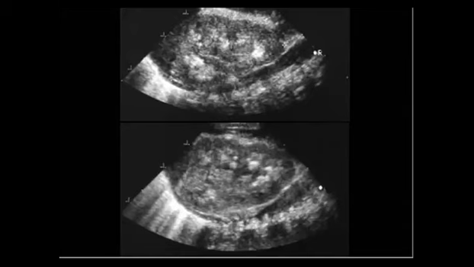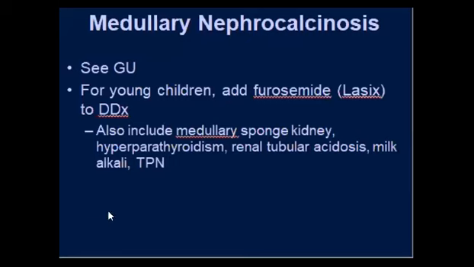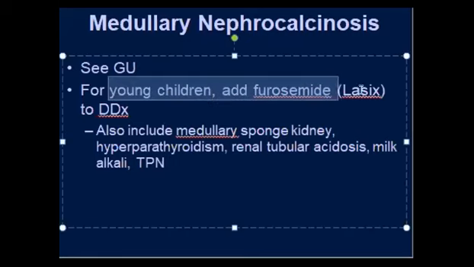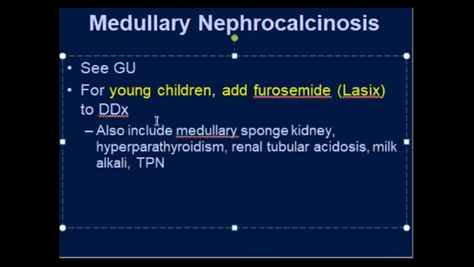Yeah, medullary nephrocalcinosis. They like to mention in the history that this patient was treated with furosemide, which is a diuretic. So they like to show you this in MCQ. So be careful if you find this in a young patient. It also includes medullary sponge kidney, as you mentioned, Ala, Nermine also, hyperparathyroidism, renal tubular acidosis, milk alkali, TB. Okay.